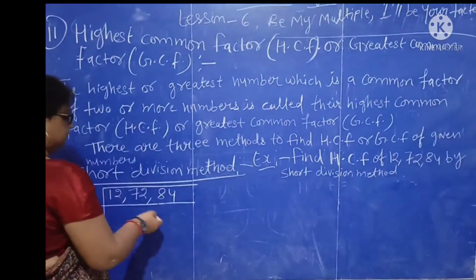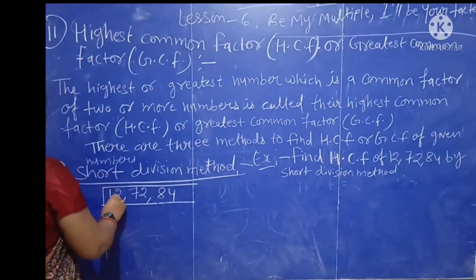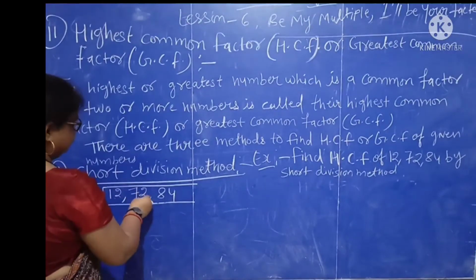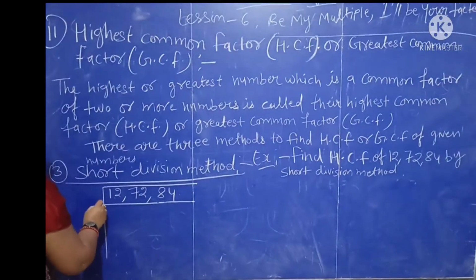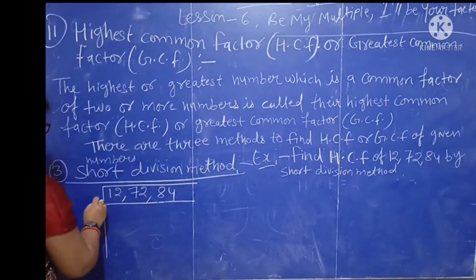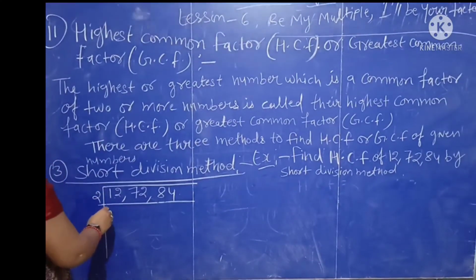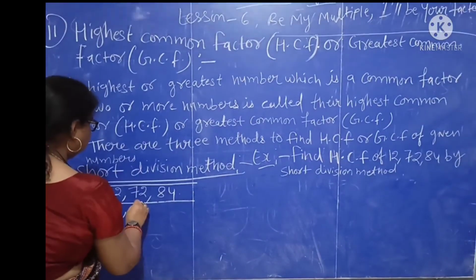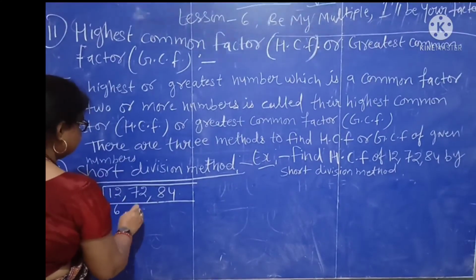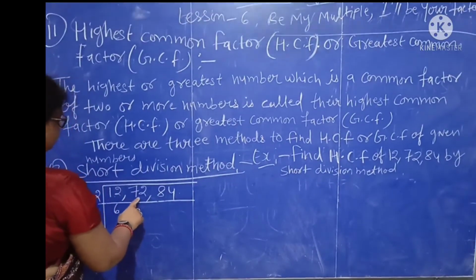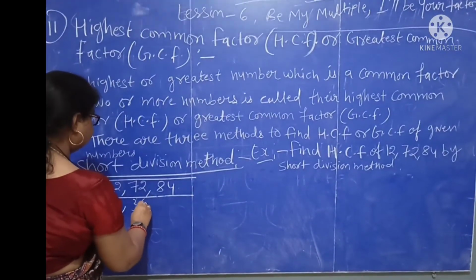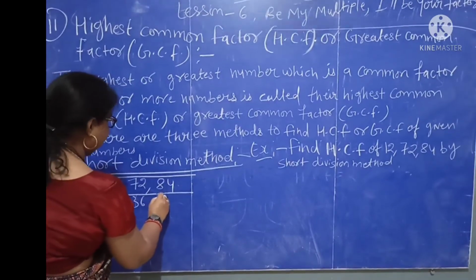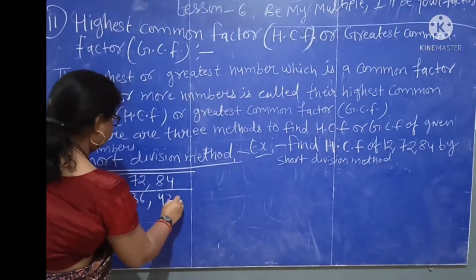So 12 is divisible by 2, 72 is divisible by 2 and 84 is also divisible by 2. So we take the prime number 2. 2 6s are 12, 2 36s are 72, 2 42s are 84.